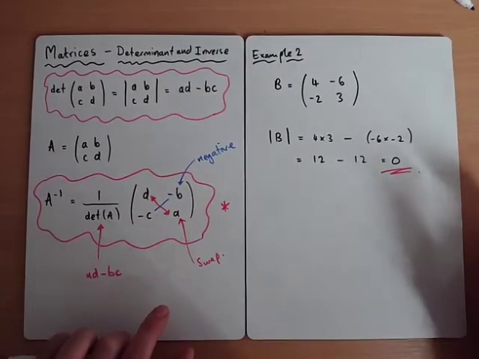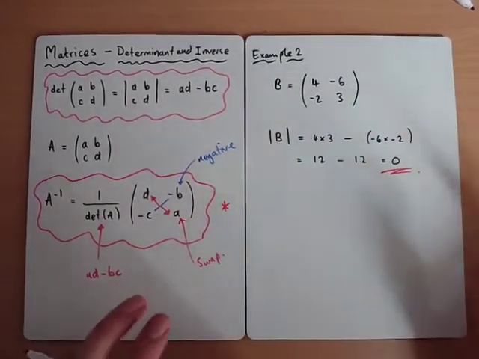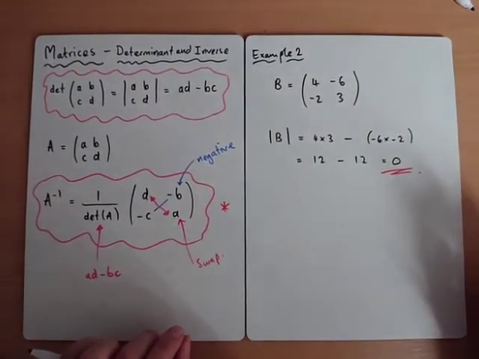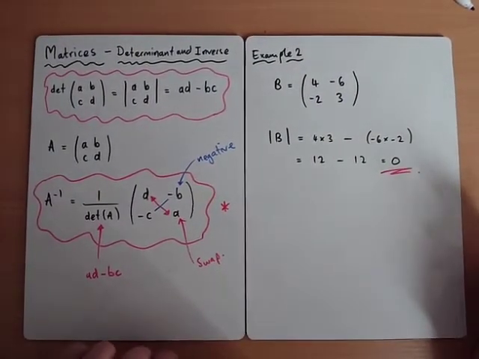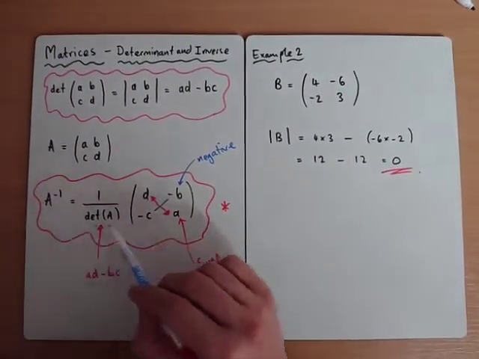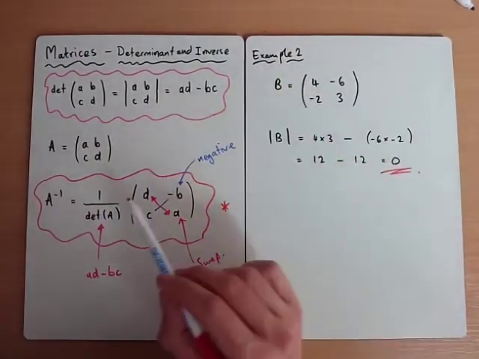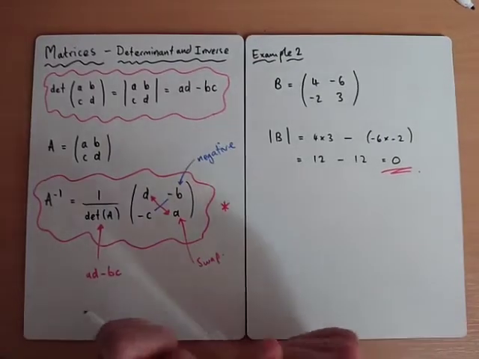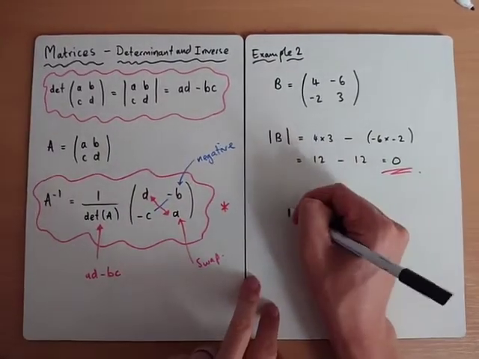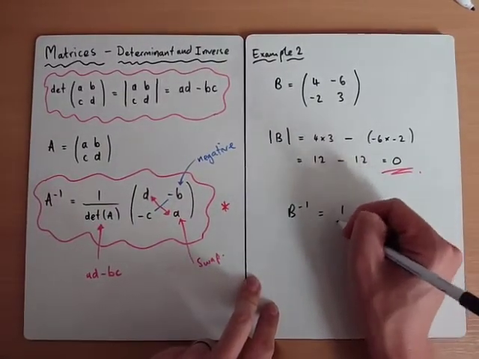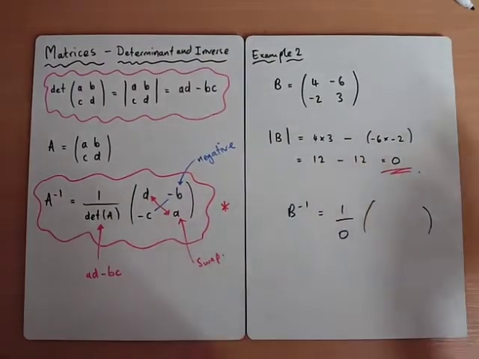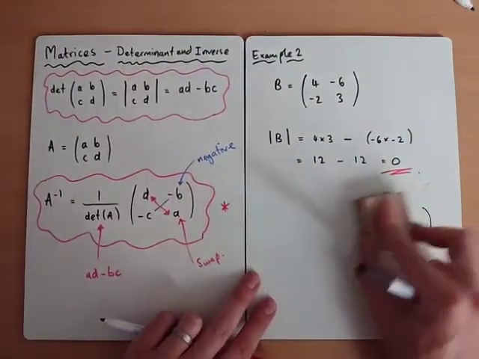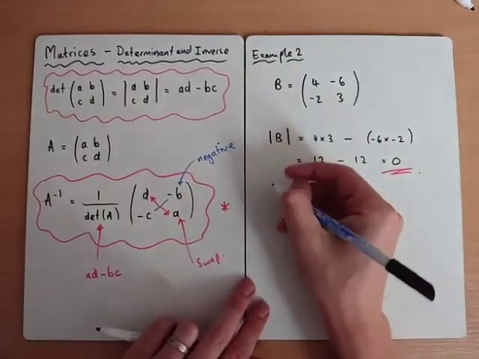If B was an operation, multiplying by this matrix, you wouldn't be able to undo that, because if you're trying to find the inverse of B, look at the formula: that'd be 1 divided by the determinant, so 1 divided by 0. Obviously you can't divide by 0 in mathematics, so we would just say the inverse does not exist.